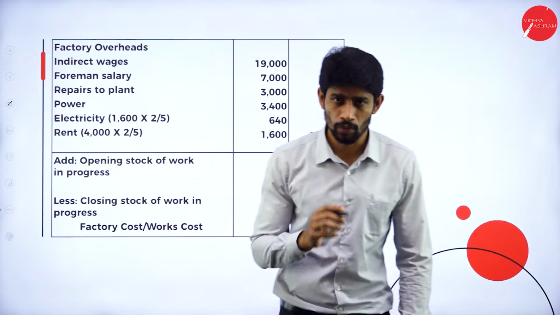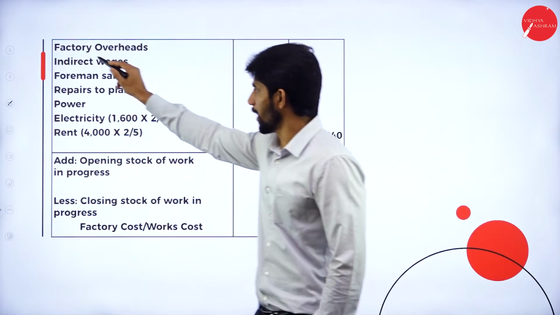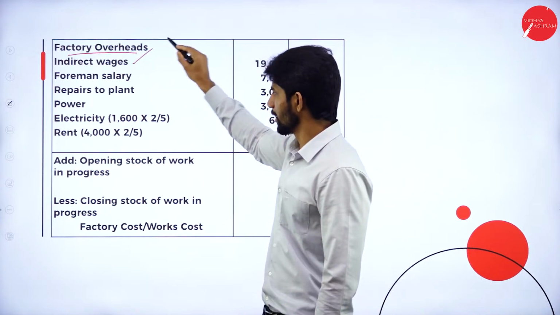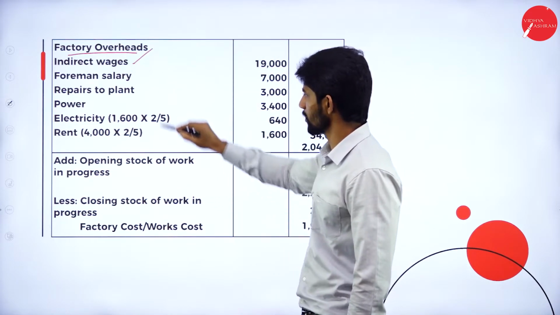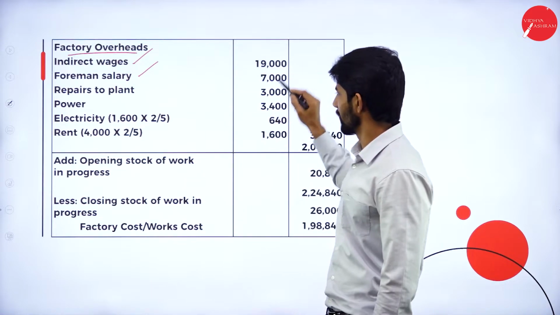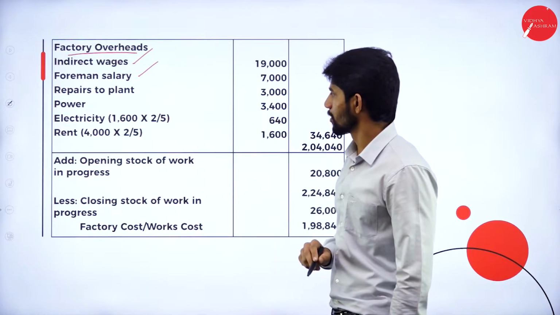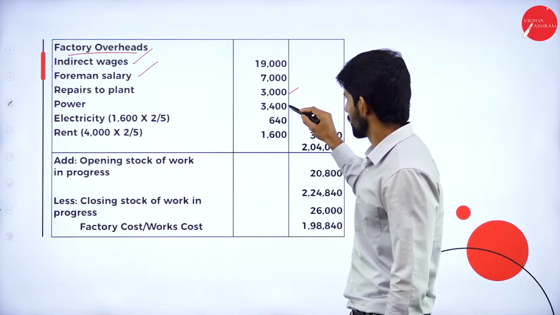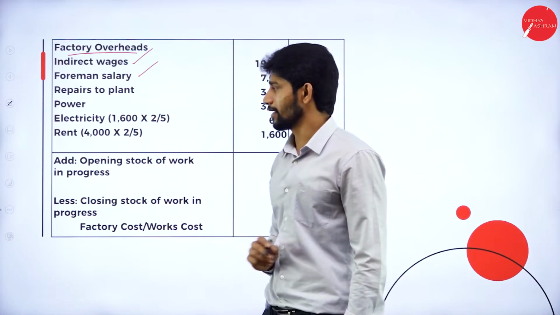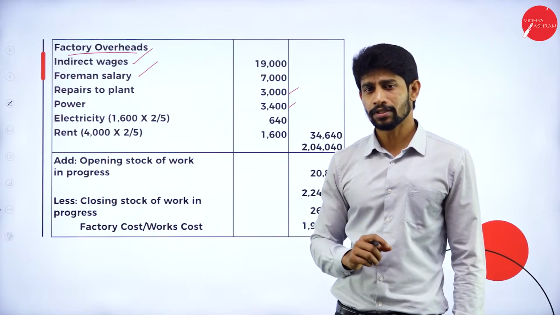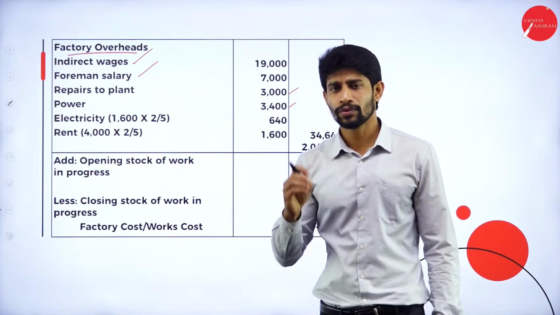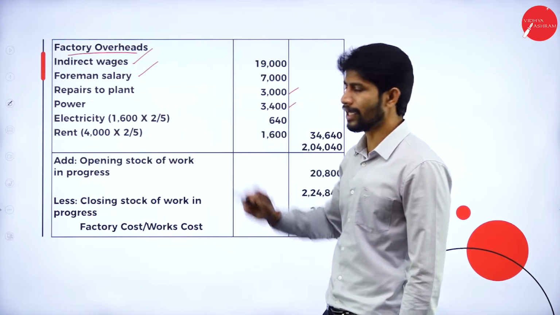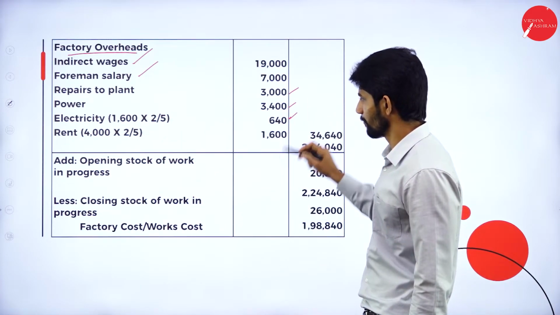Next, for prime cost, add factory overhead. With respect to that, we have indirect wages of 19,000, foreman salary of rupees 7,000, repair to plant of rupees 3,000, power of rupees 3,400, electricity. Yes, electricity should be divided in the ratio of 2:2:1. So total value is 1,600 into 2/5, you will get 640.